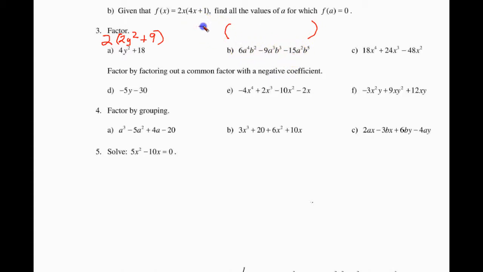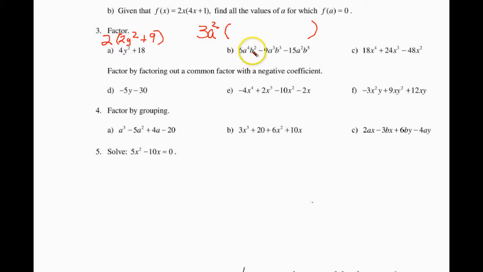A 3. Okay? And in terms of the letter, here I have A to the 4th, A to the 3rd, A to the 2nd. So it's actually the one you can take out of each one. And that's sort of the smallest. That would be A to the 2nd. So I can take out A to the 2nd here.